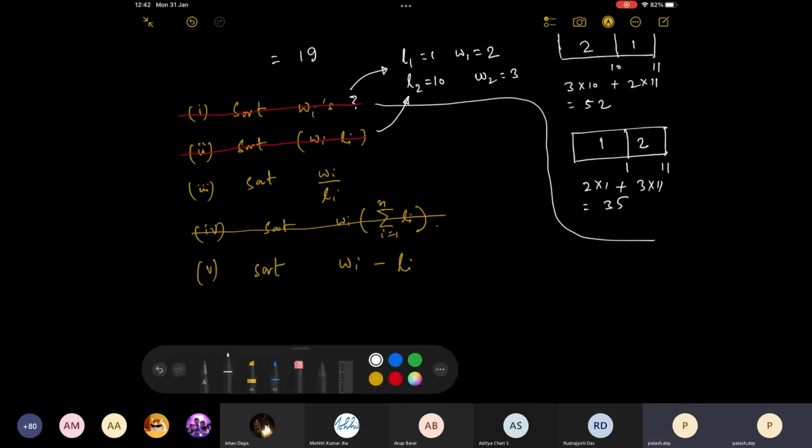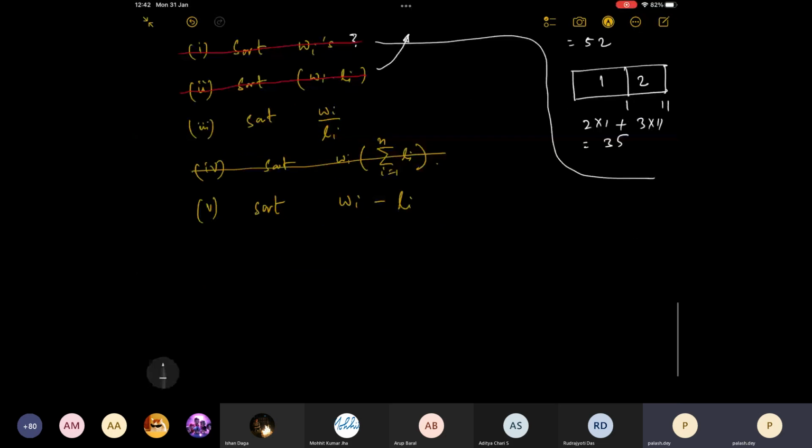Now, among these two, both of them cannot be correct. Why? Because it seems that there can be two inputs where the two algorithms, third and fifth, will give rise to two different outputs.